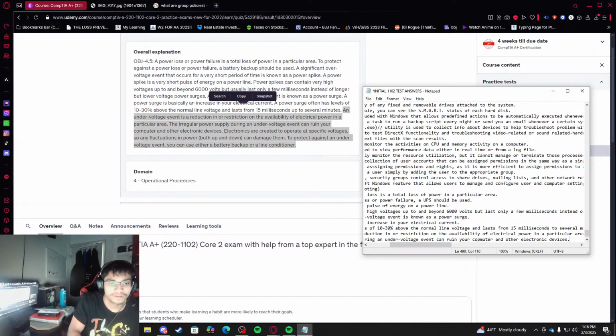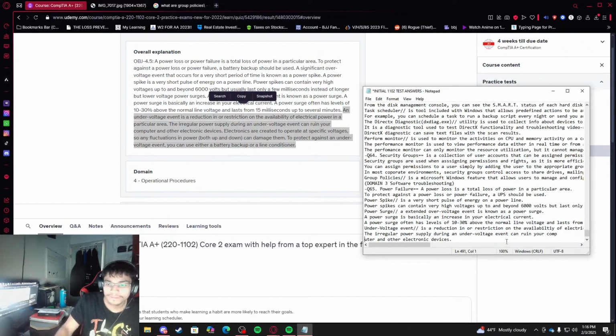You can spell computer right. Electronics are created to operate at specific voltages.